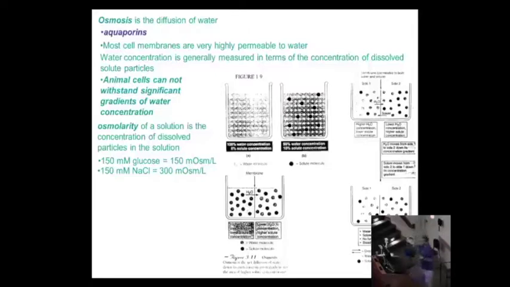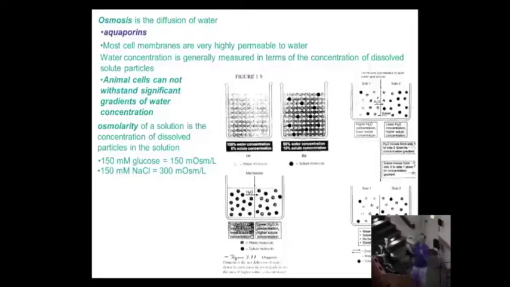If I have 150 millimolar sodium chloride, I don't have 150 milliosmoles per liter. Because as you guys remember way back from inorganic chemistry, nightmare comes back, it haunts you. Sodium and chloride separate in solution, and they become separate ions. And because they become separate ions, they're separate particles.